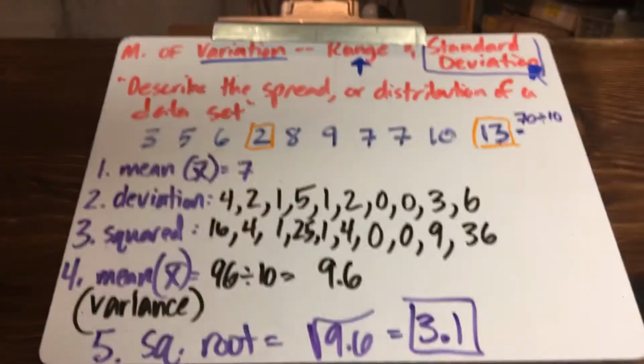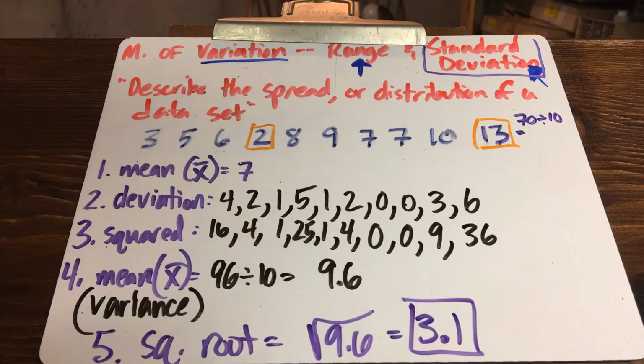Okay, we did all of that to get the number 3.1. You're like, oh, geez, that was a lot of work. What does this mean, all right? How would I write this as an answer?